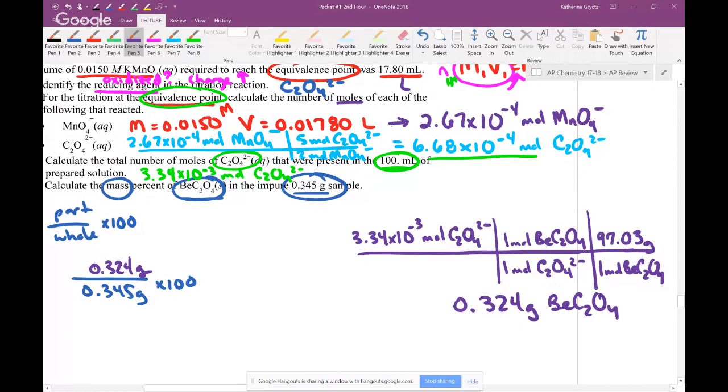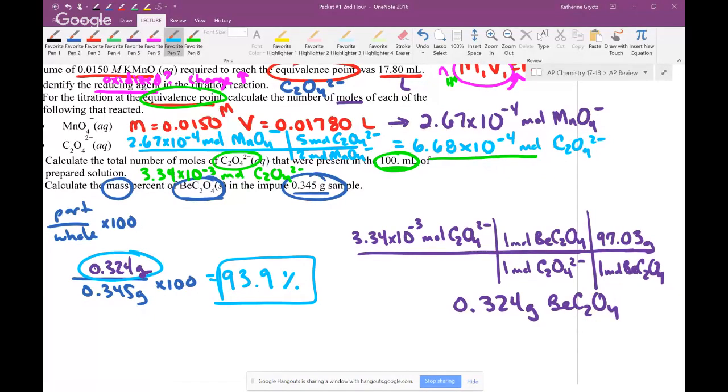Wait, where? On the top. Oh, over there. Over the whole. Okay. Is that the answer, 0.324, to that calculation? Yep. Okay.